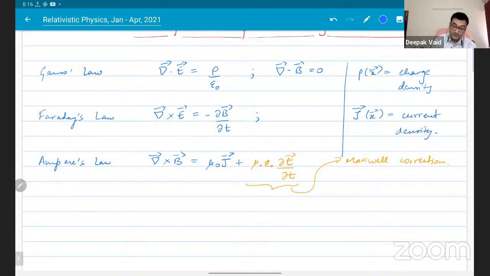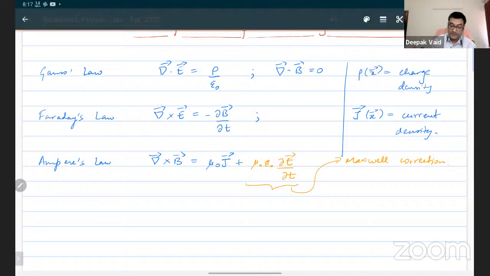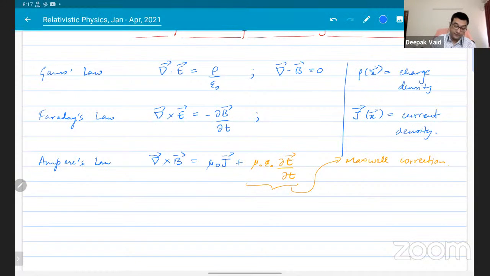Okay. And we are taking these to be time independent static sources, right? So there is no time dependence here.